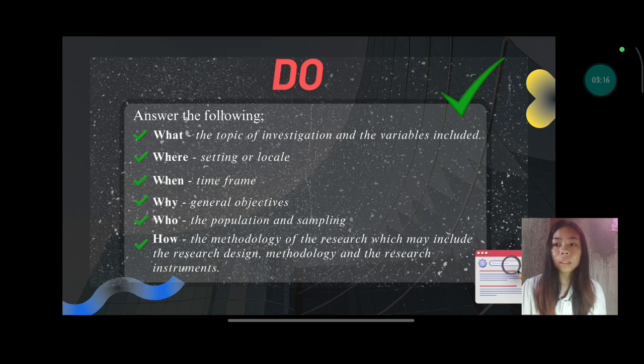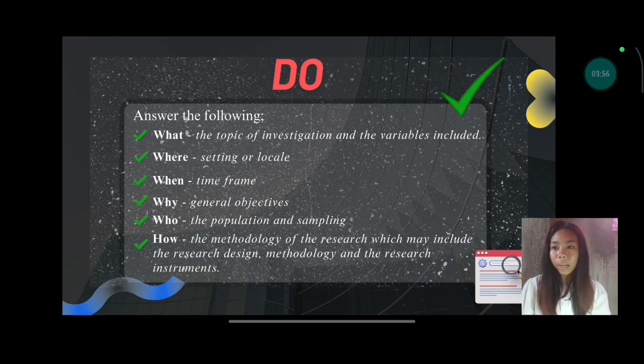First is what? The topic of investigation and the variables included. Meaning, like what I said, enumerate the sub-variables and sub-concepts covered by your study. And next is where, the setting or locale, which is the place where you survey or experiment.